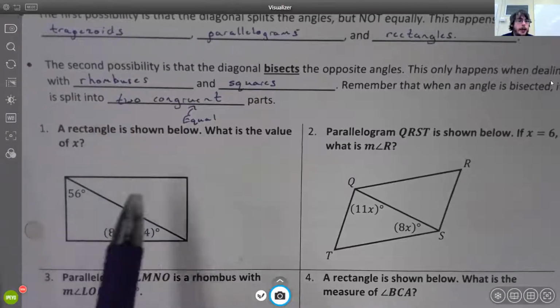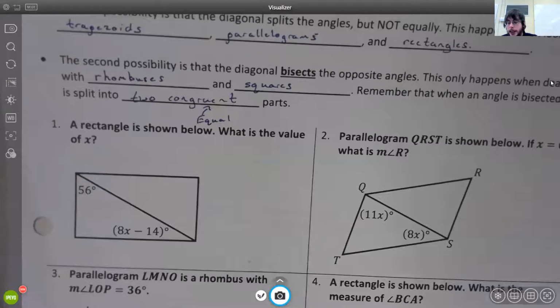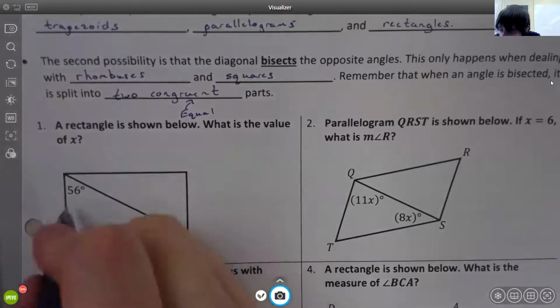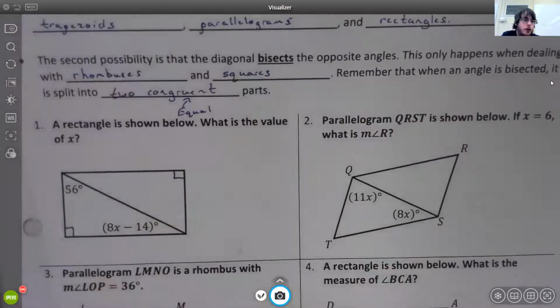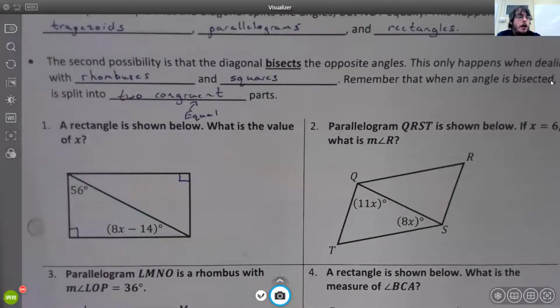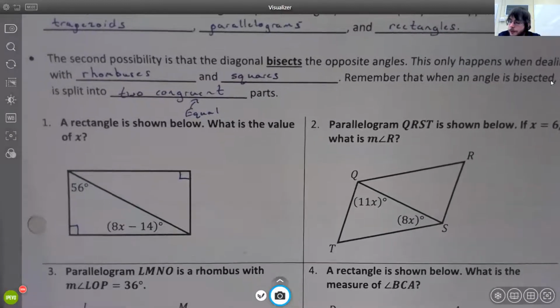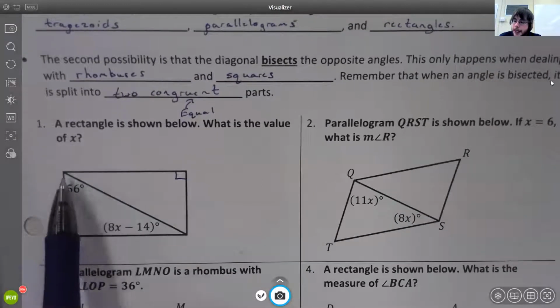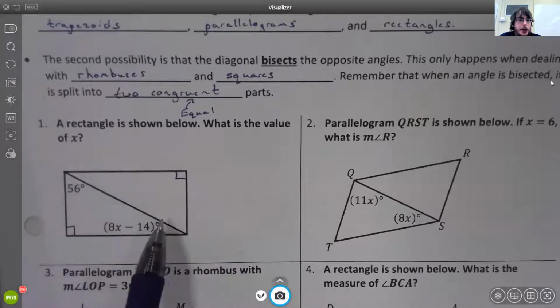And so what else do we know about the angles of a rectangle? Well, the angles of a rectangle are all equal to 90 degrees. They're all right angles. And you'll notice that the diagonal here splits the rectangle into two right triangles.